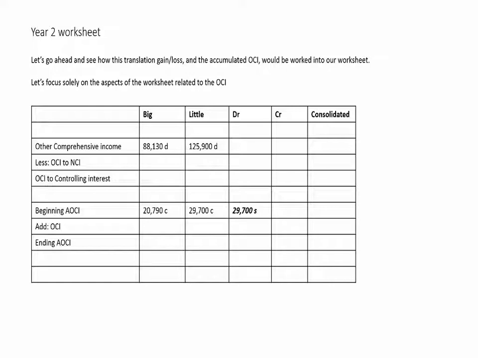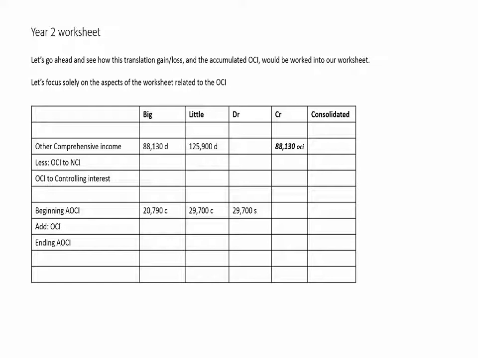In terms of our elimination entries, again, in the S entry, we eliminated the beginning of year accumulated other comprehensive income. And again, looking under the Little column, we had a $29,700 credit balance. So to eliminate that, we debited it, so we have that entry in the debit column.